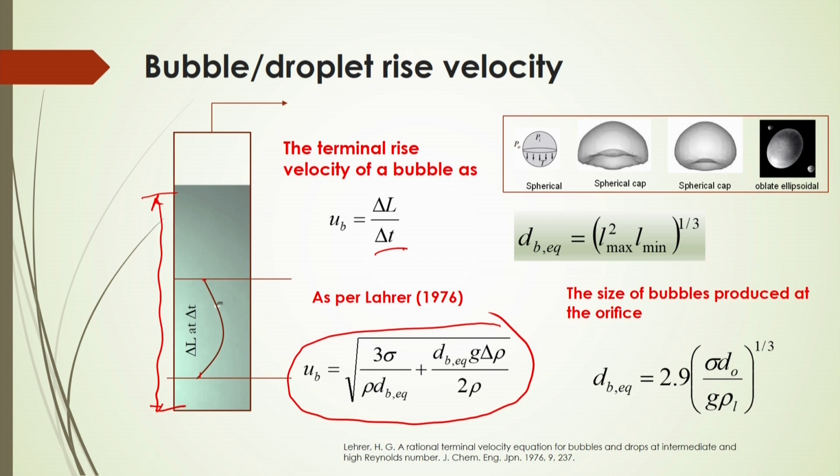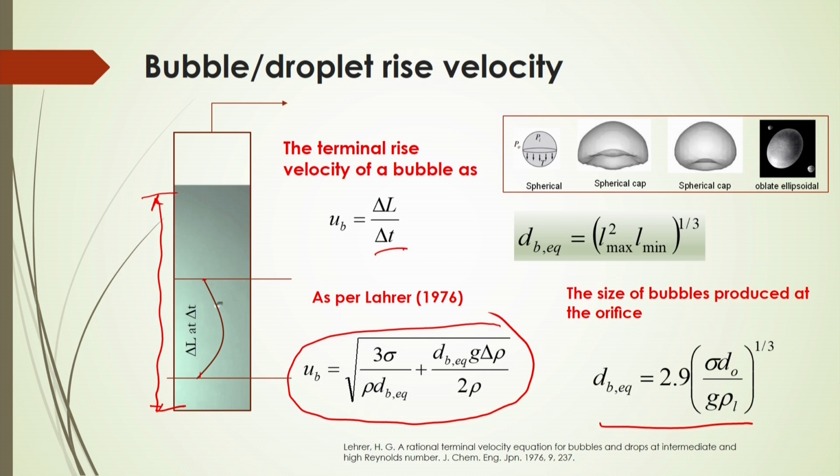In this way you can calculate the bubble rise velocity and residence time of the bubble. Similarly, for a droplet it will be the same way to calculate the residence time and the terminal velocity of the droplet.